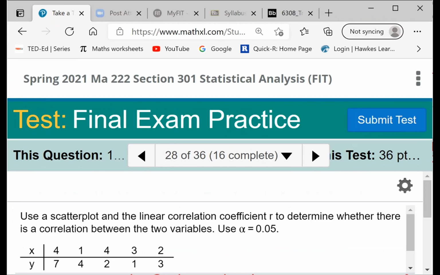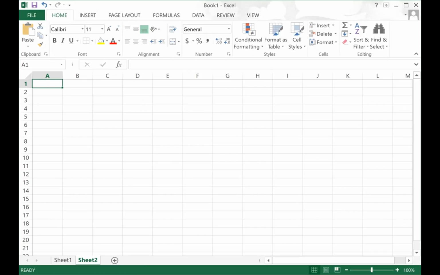Okay, so open Excel, do a quick data entry really quickly. 4, 1, 4, 3, 2. And second one is 7, 4, 2, 1, 3.